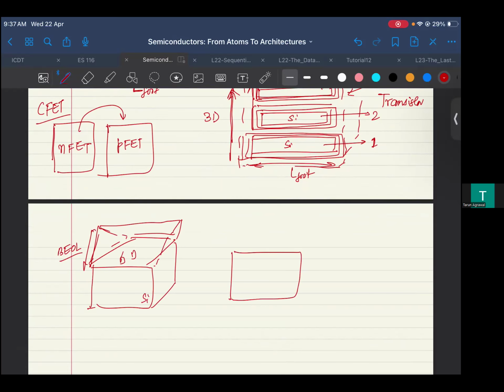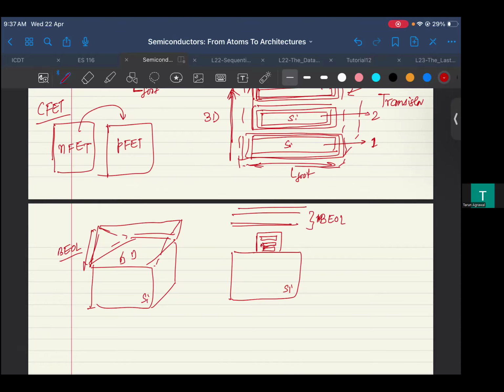That is the main thing. So you made this block where there are multiple transistors, but this block is also going to be connected through metal layers. So these are the metal layers which are going to come, which is your back end of line on top of that.